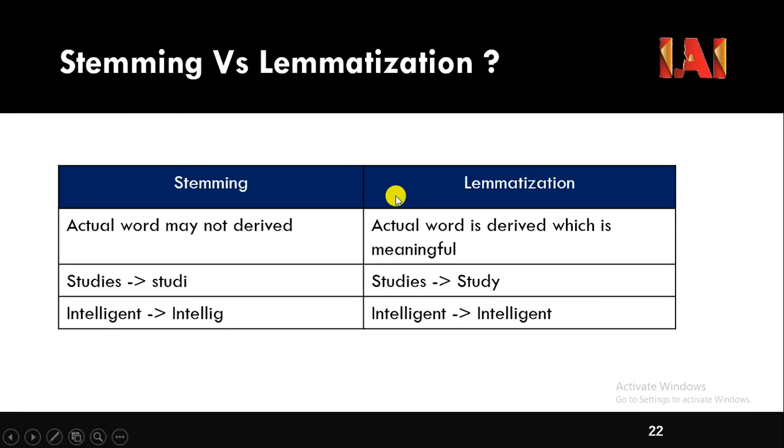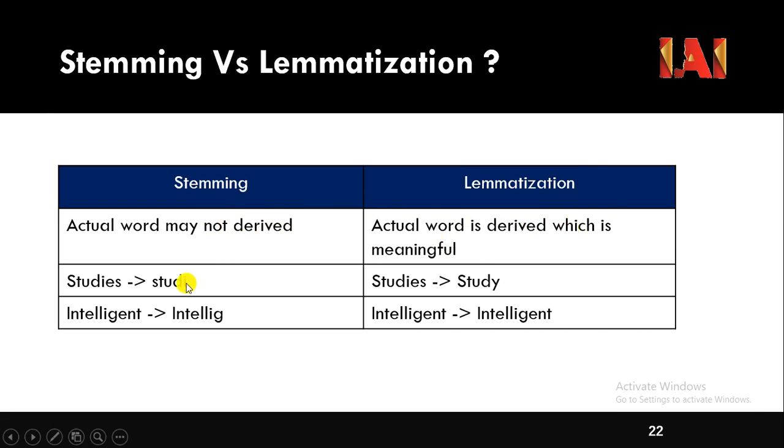The difference between stemming and lemmatization is that in stemming, the actual word may not be derived. The returned root word may not be a dictionary form of the word. Whereas in the case of lemmatization, the actual word is derived, which is meaningful.